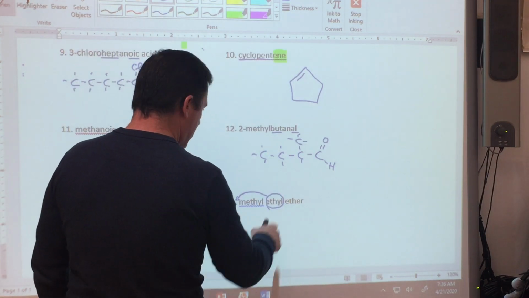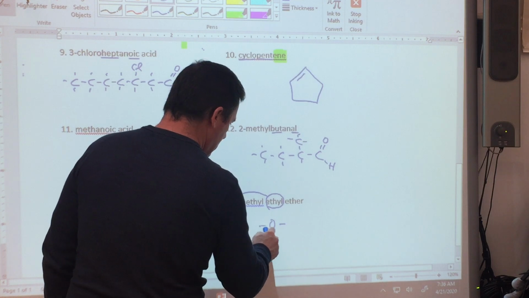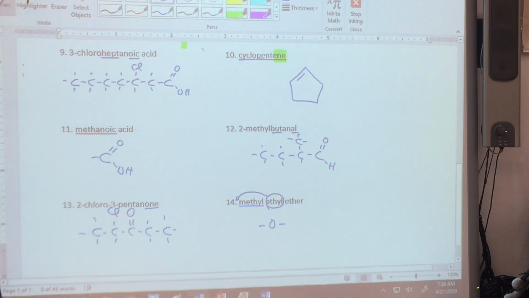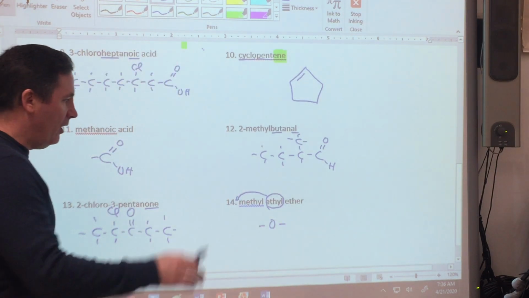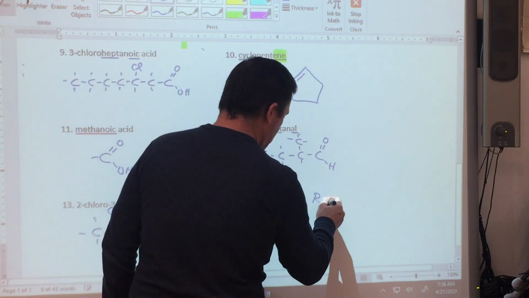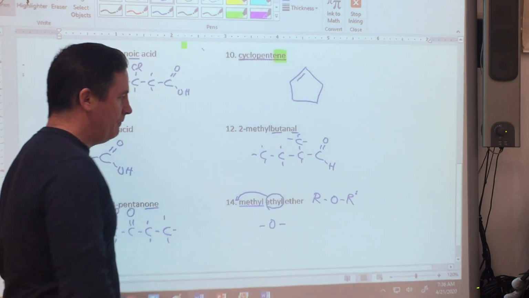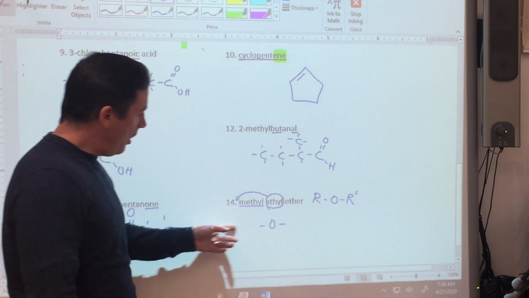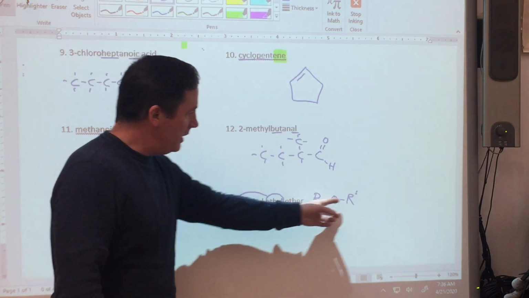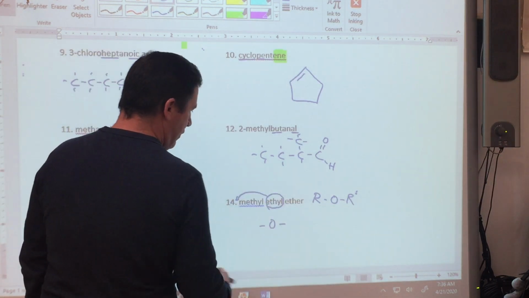Now remember that with ethers, there's an oxygen in the middle, and there are R groups. You'll see it written like this. The R groups are the carbon chains on one side and the other.